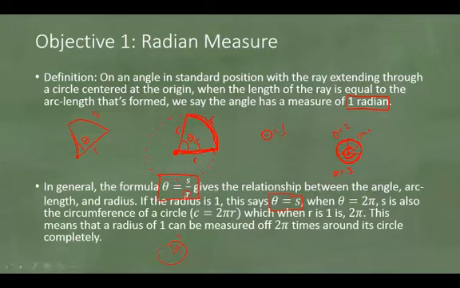When theta is equal to 2 pi and r is equal to 1, then that means the arc length is equal to 2 pi. This turns out to be the same as the circumference of a circle. Remember, the circumference of a circle was 2 pi r. In other words, the arc length when it's all the way around.